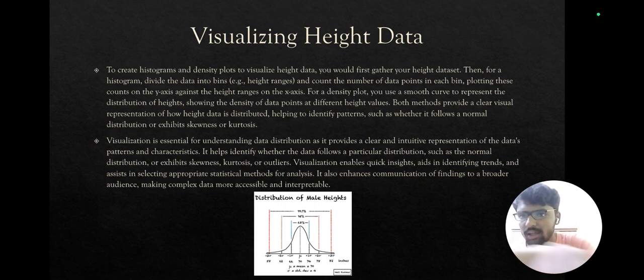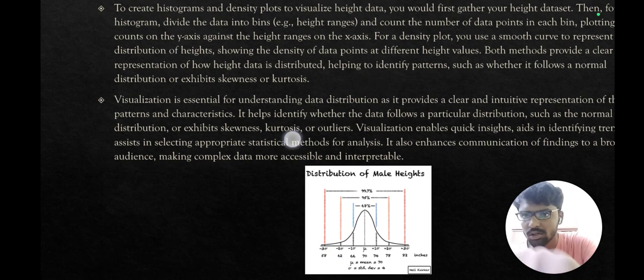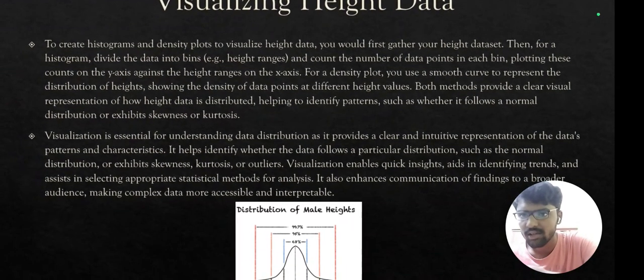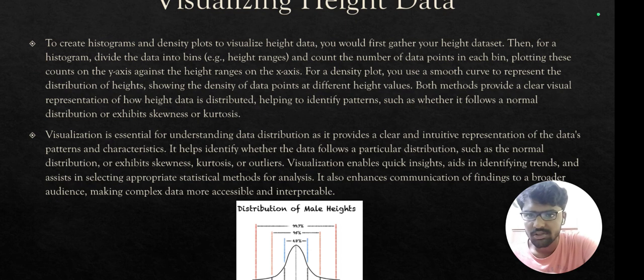To create histograms and density plots to visualize height data, you would first gather your height data set. For histograms, divide the data into bins and count the number of data points in each bin. Plot these counts on the y-axis against the height ranges on the x-axis.